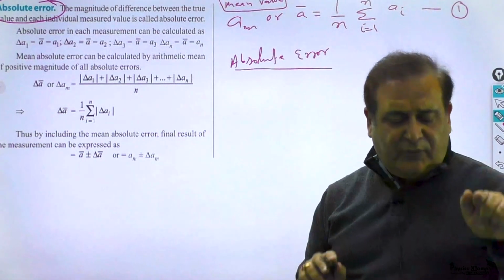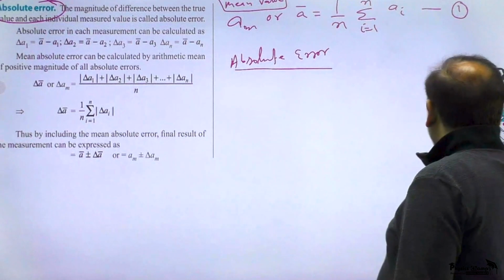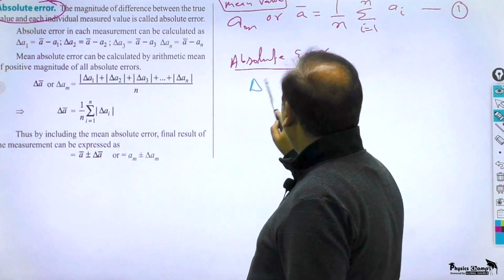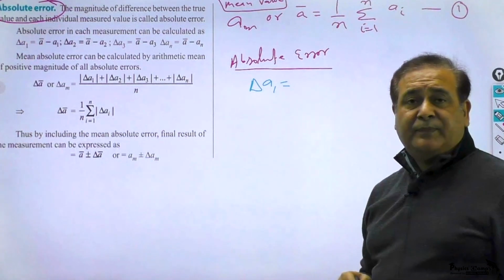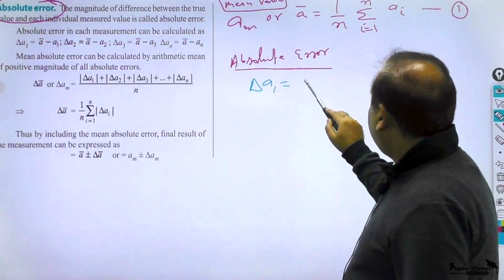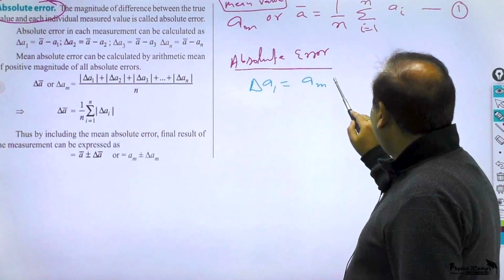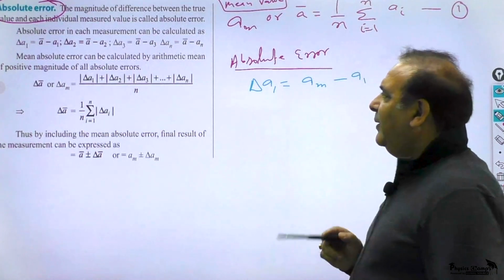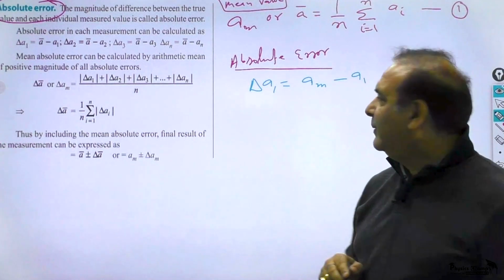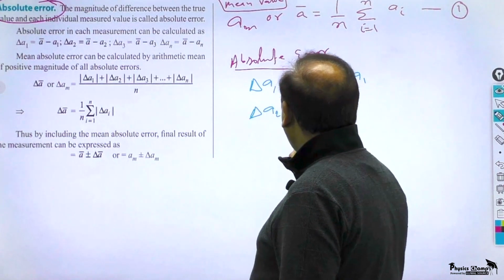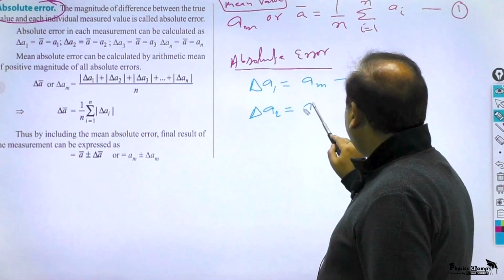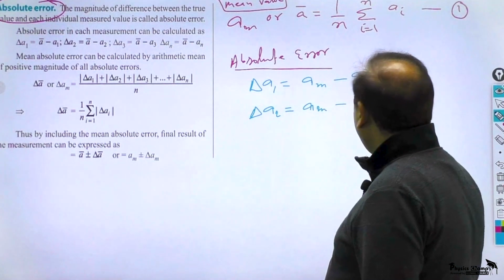The error in the first reading: we know the first reading A1 and we know the true value. So we can always say true value minus first reading will give you the error in the first reading. Similarly, delta A2, the error in the second reading, will be true value minus second reading.